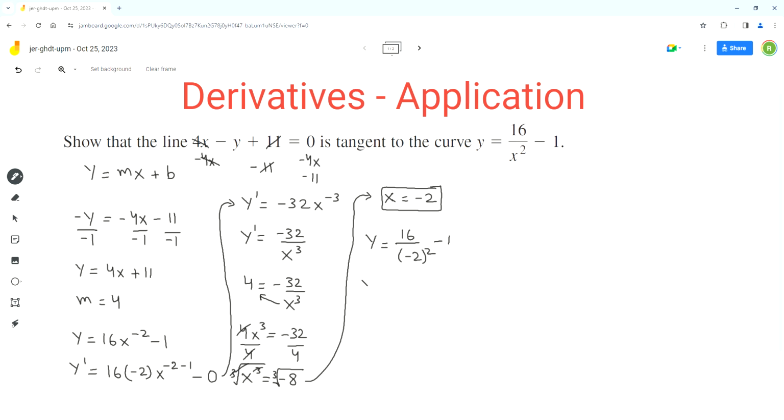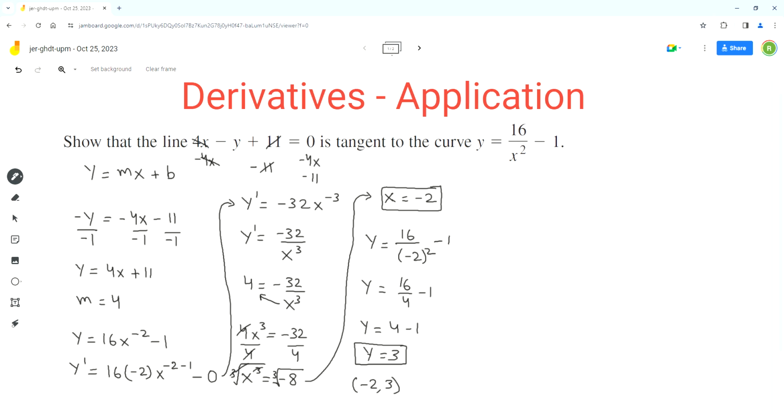So we get y equals 16 over 4 minus 1, because square of negative 2 is positive 4. So we get 16 divided by 4, which is 4 minus 1. So y equals 3. So that means, as per the slope analysis, the tangent touches the curve at point negative 2, comma 3.